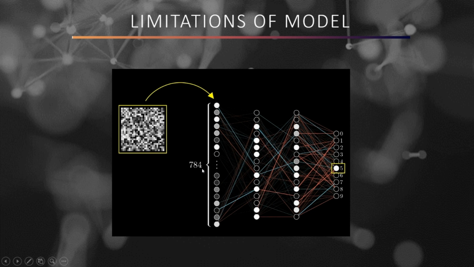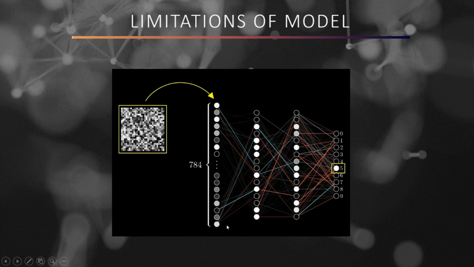And if we come to the limitations of our model, we can train our model to detect the digit in our input image. But if we give the input of random pixel values to the network, it will still give some prediction.